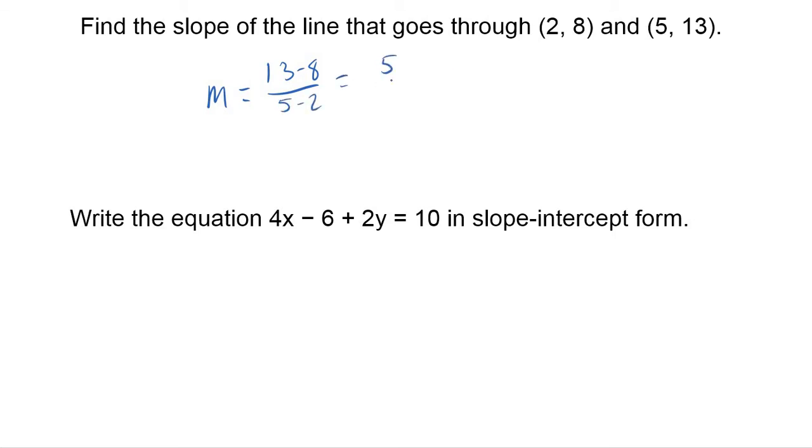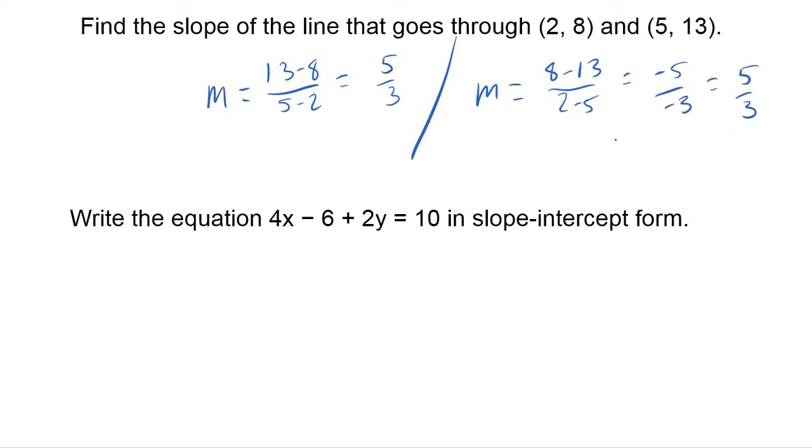Notice what we get, 5/3. What if I had started the other way? Okay, what if I did it this way? 8 minus 13 over 2 minus 5. Well, I'd get negative 5 over negative 3, which is still 5/3. That's what I mean, it doesn't matter, okay? I chose this way just because I knew it was going to give me positive values at the start. But it really doesn't matter which way you go.